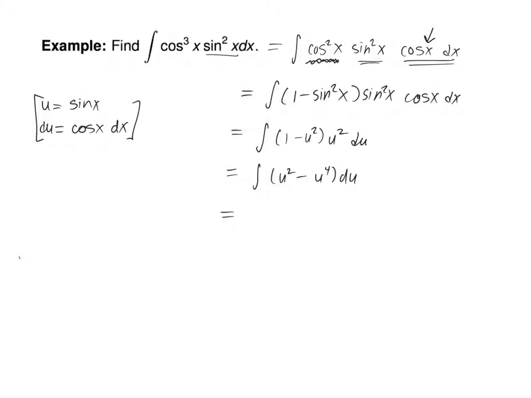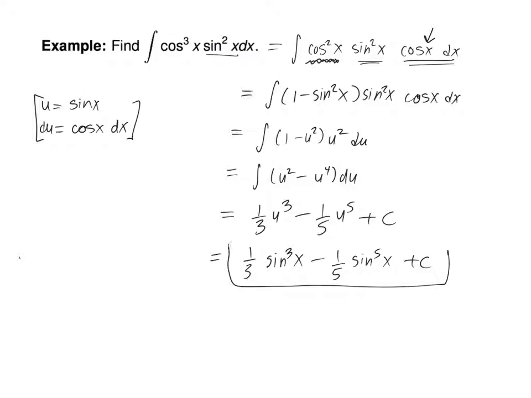Ready, set, go. 1/3 u to the third minus 1/5 u to the fifth plus c. Okay, you can go get the message. 1/3 sine cubed x minus 1/5 sine to the fifth x plus c. Revenge is sweet. That was awesome.